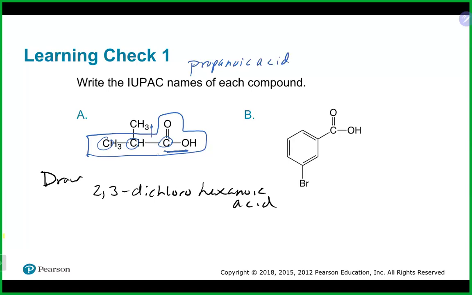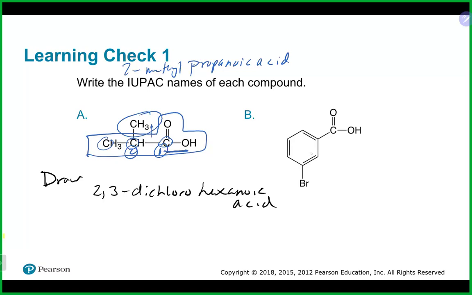Once again, this is definitely going to be carbon number 1 where the group's at. That would be carbon number 2, and that would be our location of the only group that's attached here, which is a methyl. So this would be a 2-methylpropanoic acid. Any questions on that one there?